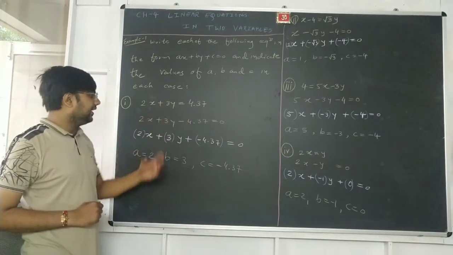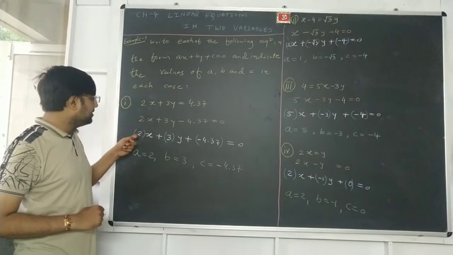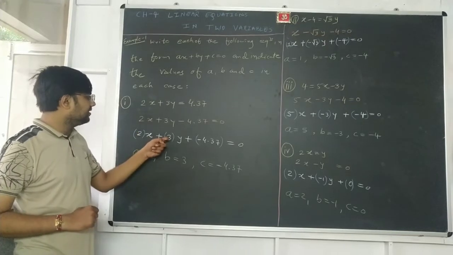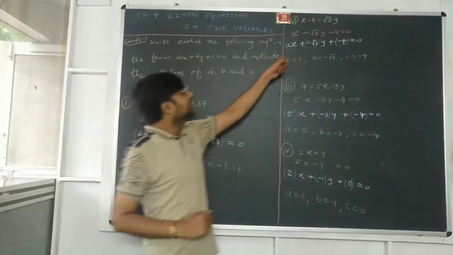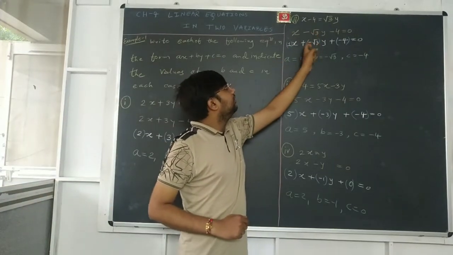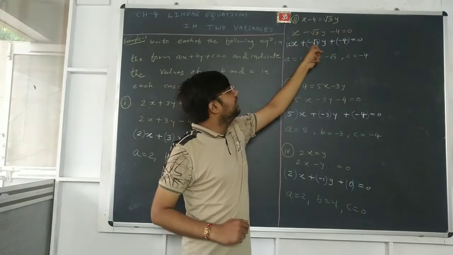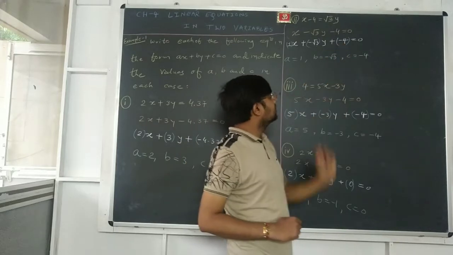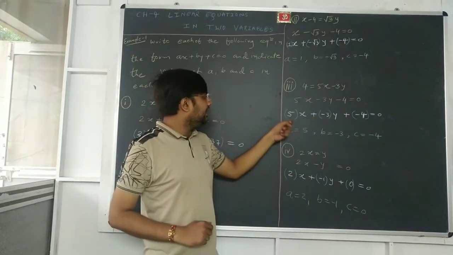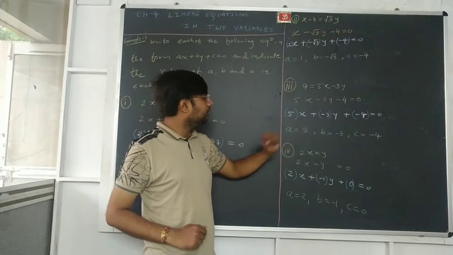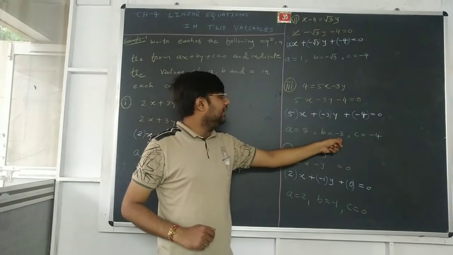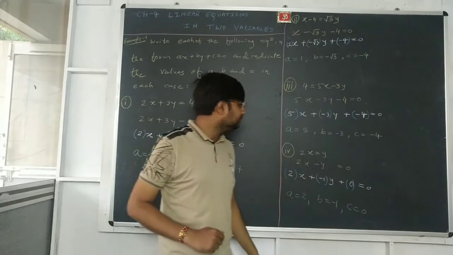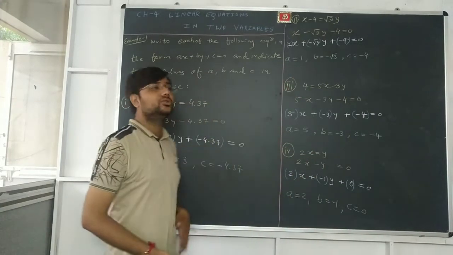Here it is negative, and a is the coefficient of x, b is the coefficient of y, and c is the constant term, and we get this solution.